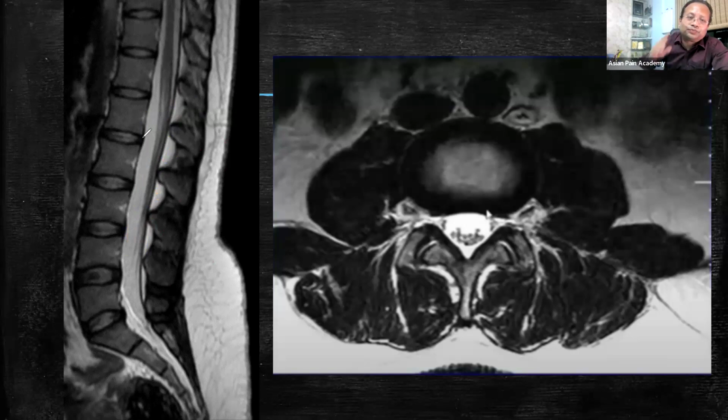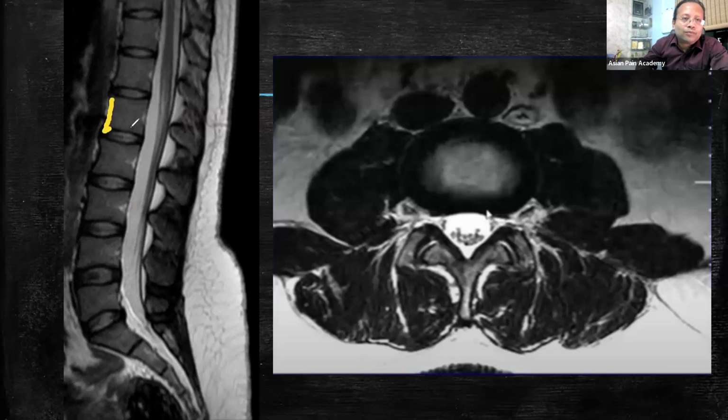Now comes the ligamentum flavum. This black line is the ligamentum flavum. This is the PLL, the posterior longitudinal ligament. Here it is normal, so you can see only a black line. It can also become thicker in a degenerative spine.